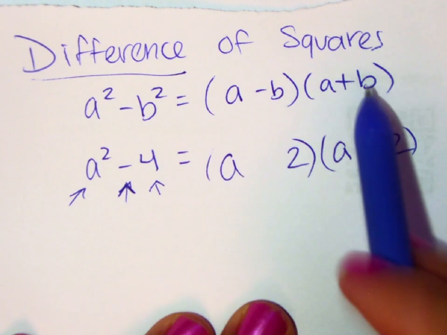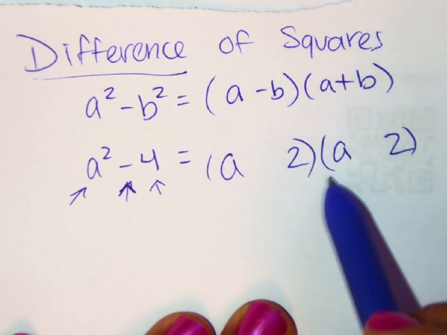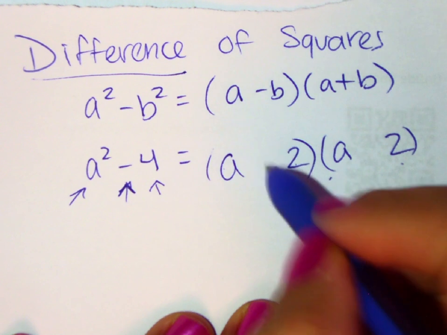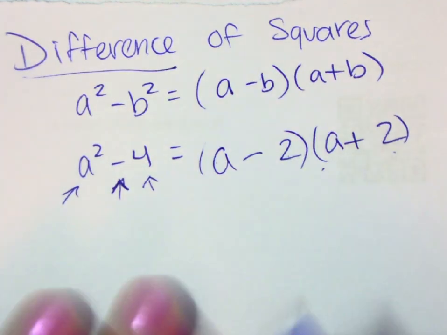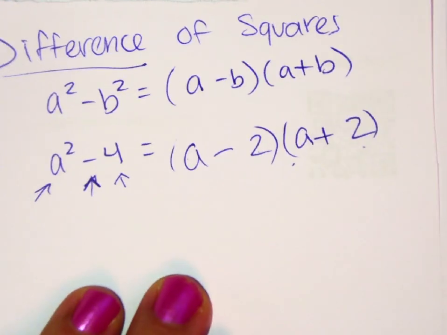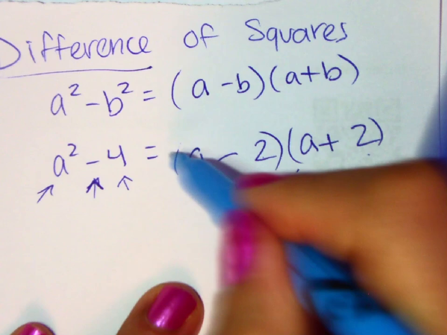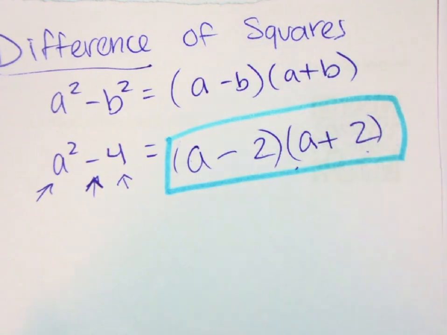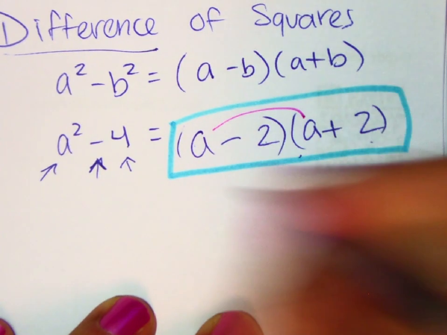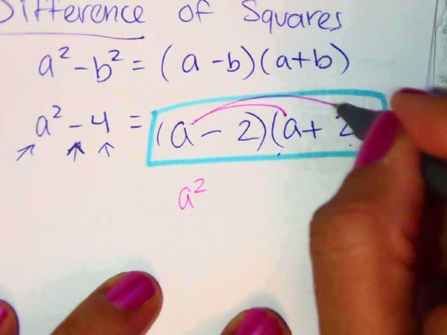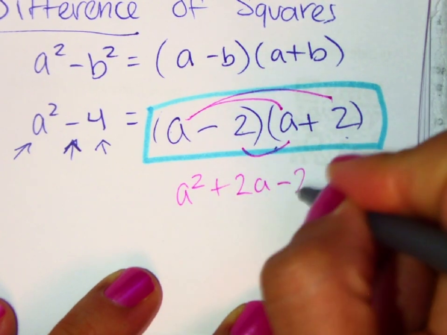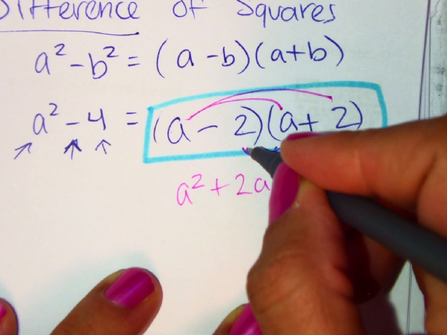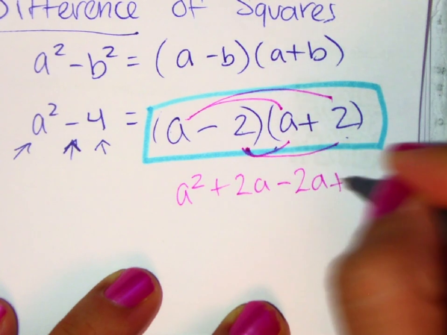And according to the formula, a is there, and then the number 2 is there, and then 1 has a minus and 1 has a plus. And the reason this works is because if you were to multiply the factors with each other, you will have a times a, which is a squared, a times 2, which is 2a, negative 2 times a, which is negative 2a, and negative 2 times 2, which is negative 4.